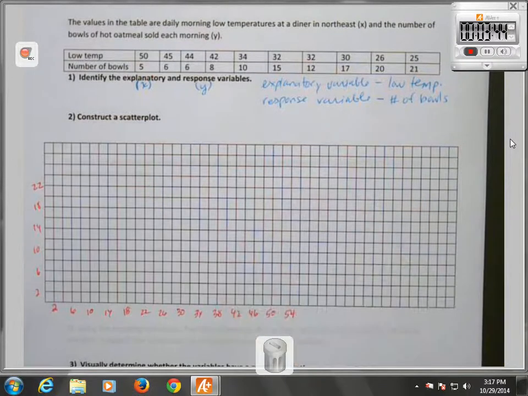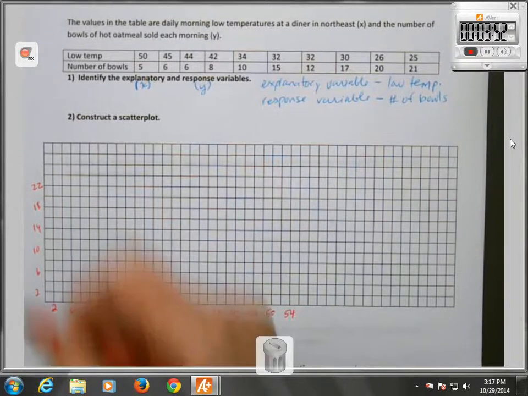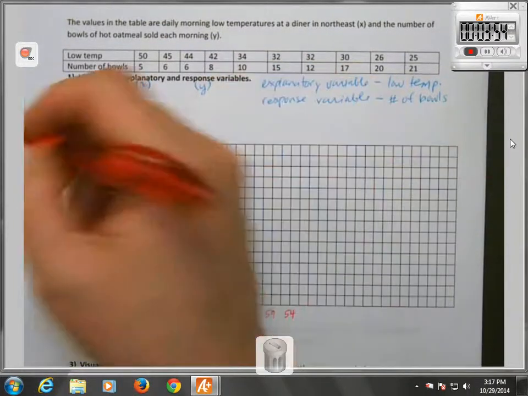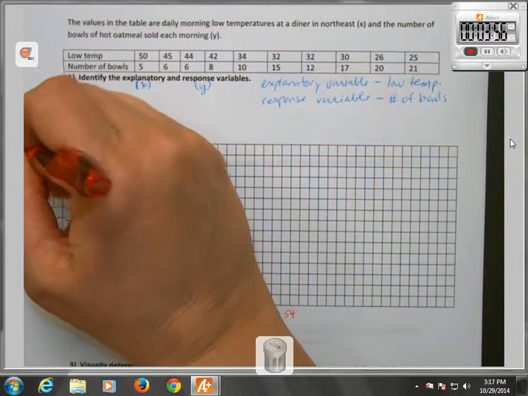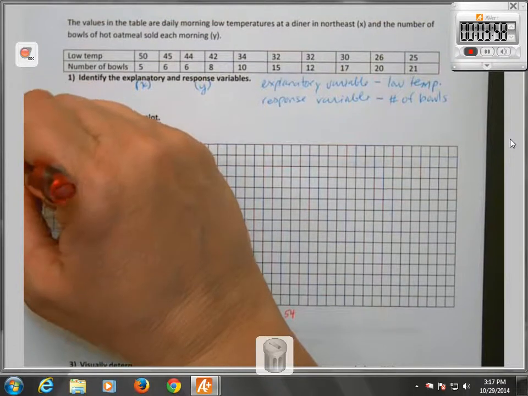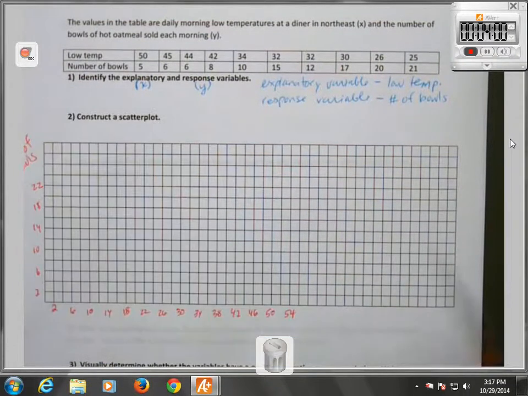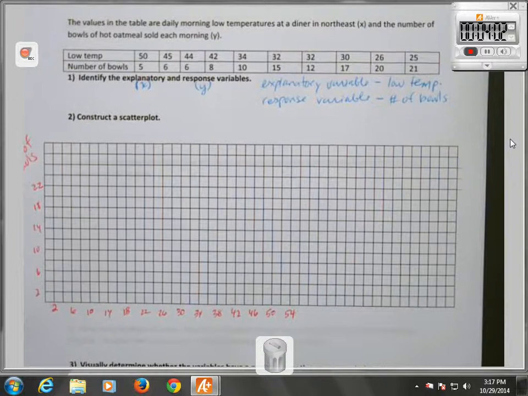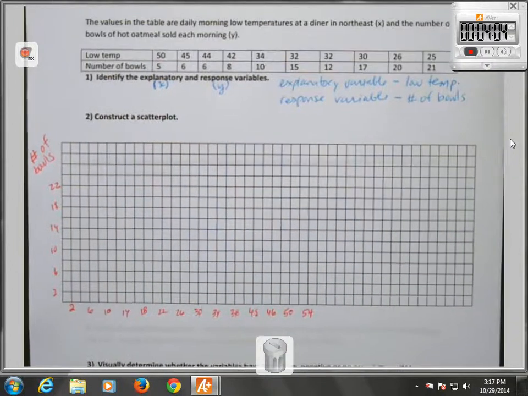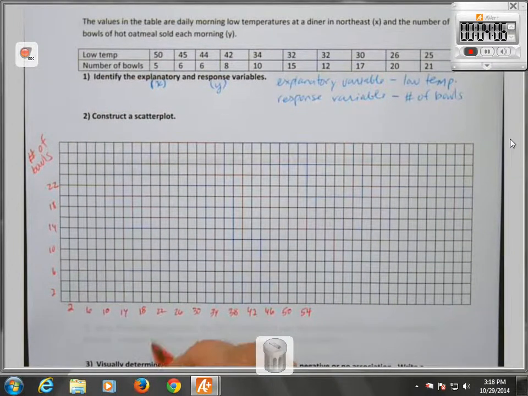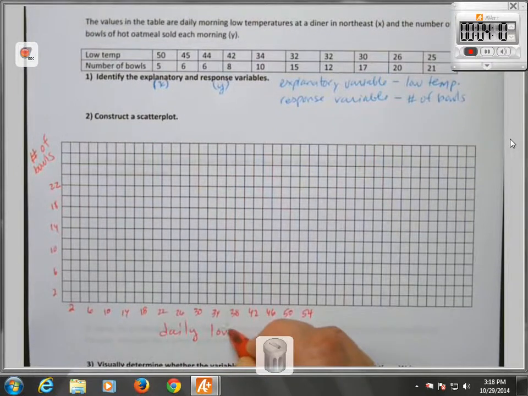That should be enough to fit the points. Labeling your graph should happen also. I didn't leave myself much room to write it, but these are the number of bowls of hot oatmeal, and at the bottom we have the daily low temperatures.